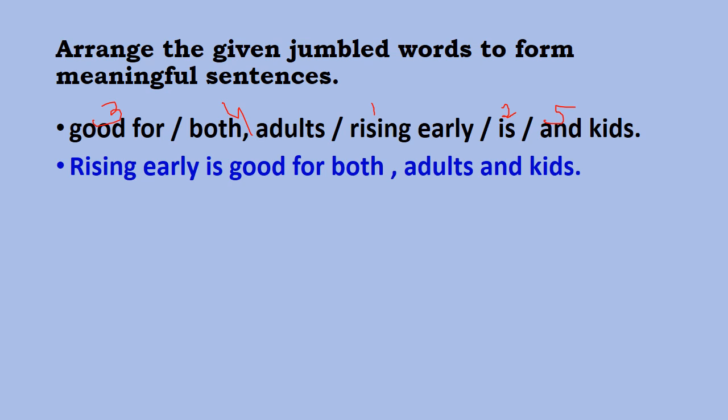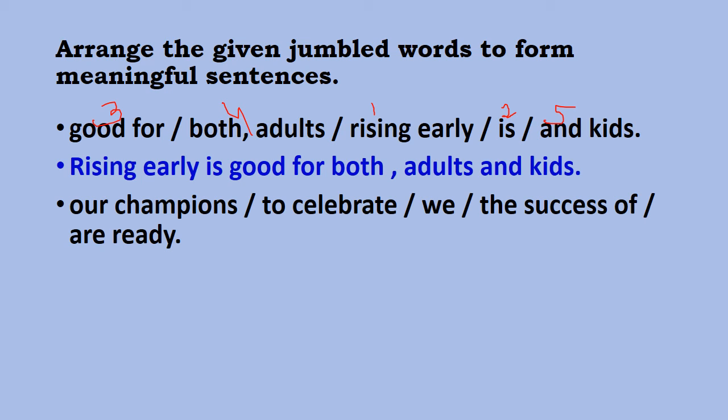The next sentence is: are champions to celebrate we the success of are ready. Champions and we both look like subject, but the doer of the action is obviously we. So we are ready is already given, so the verb we can make out, we are ready. We are ready for what?